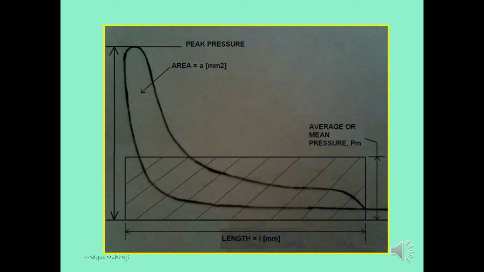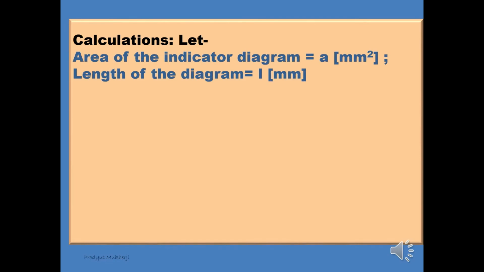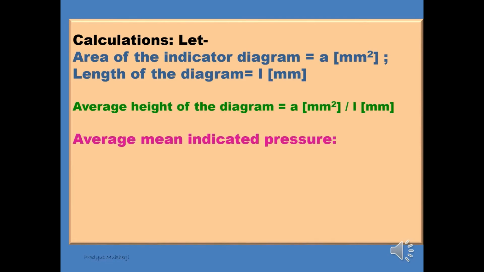So to calculate the pressure, we have to measure the area of this diagram. An instrument called a planimeter is used, by which we get the area of this diagram, and we divide it by the length of this diagram, and multiplying it by the spring scale, we get the mean pressure.